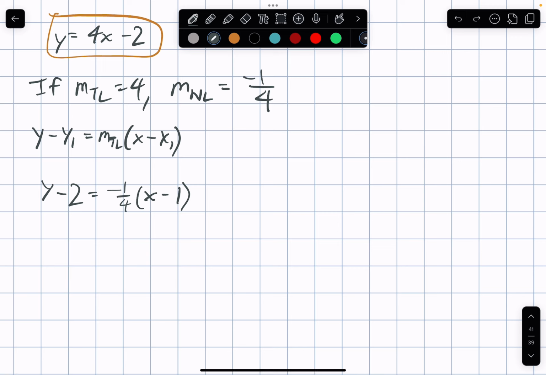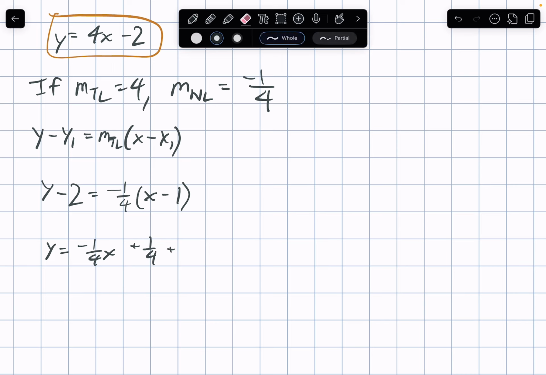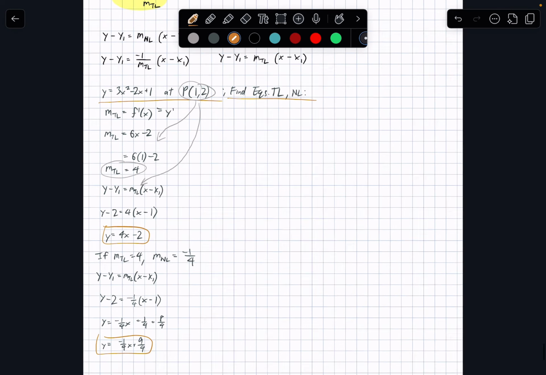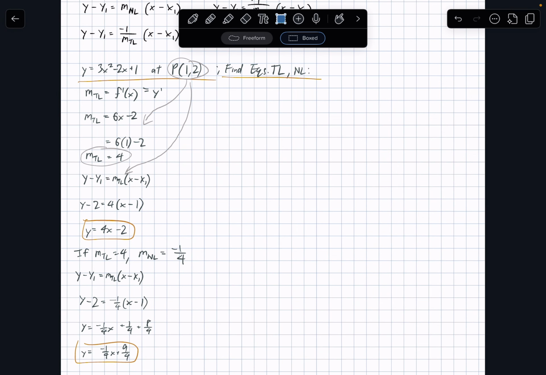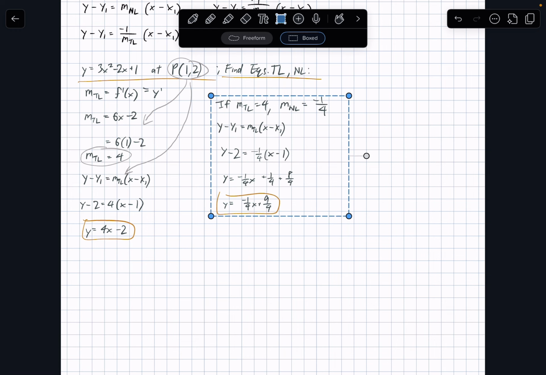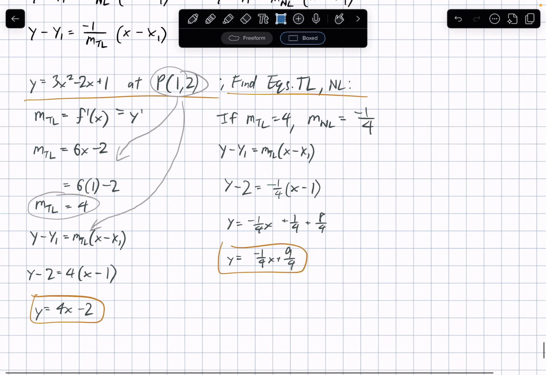If you turn this into slope-intercept form, this is the equation of your normal line. That's it. Next question.